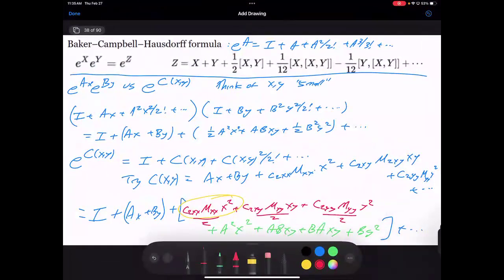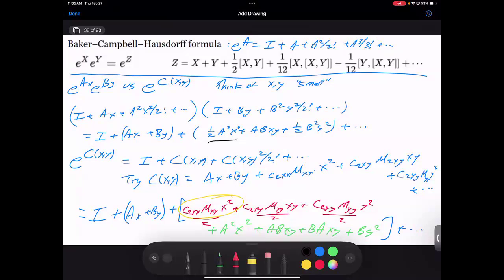Good. So you want the x squared terms to be the same in the 2 places. So here, if I look at the x squared term, it's 1/2 a squared. Oh, okay. Oh, did I drop the 2?